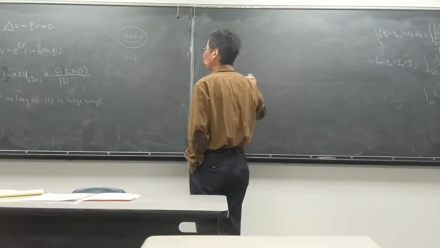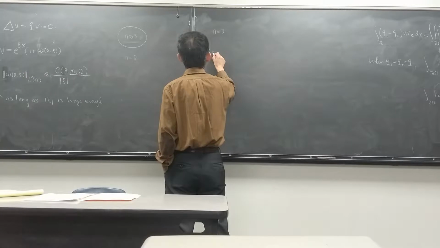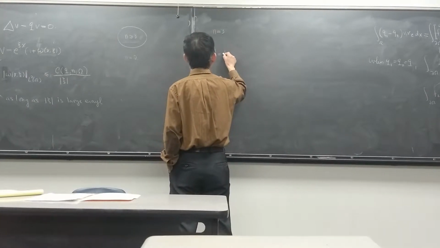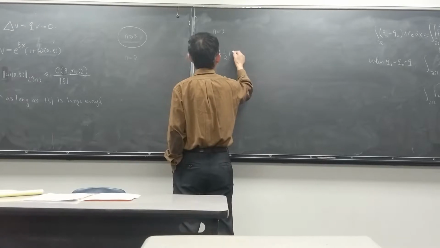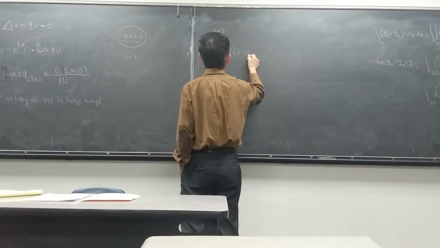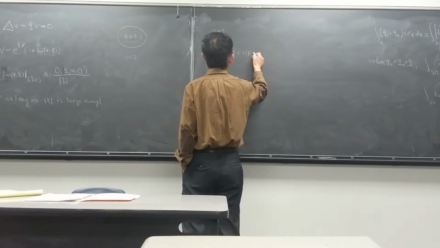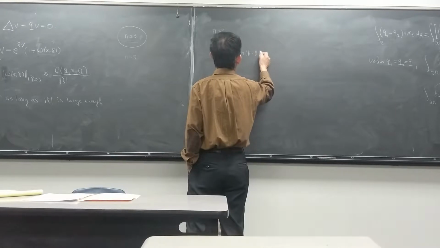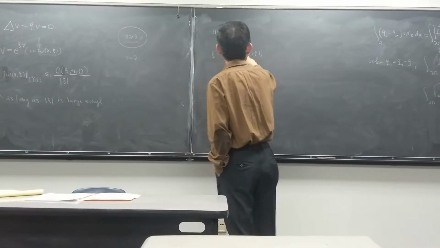Okay? Well, we take ζ equals 1/2 (η + i k + l). Now, what are these η, k, l?